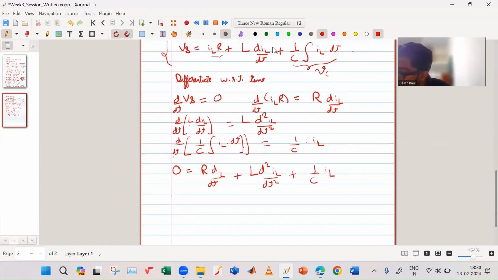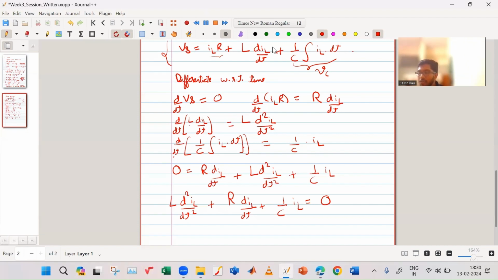We get L into d2IL/dt2 plus R into dIL/dt plus 1 by C into IL is equal to 0. So this is the second order differential equation I have got.